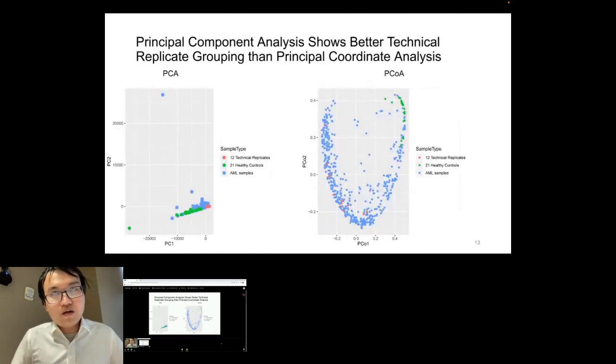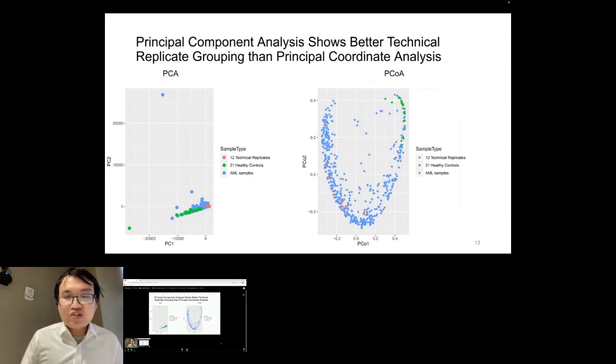From the normalized genera read counts, we also calculate Bray-Curtis dissimilarities and visualize the output using principal coordinate analysis.